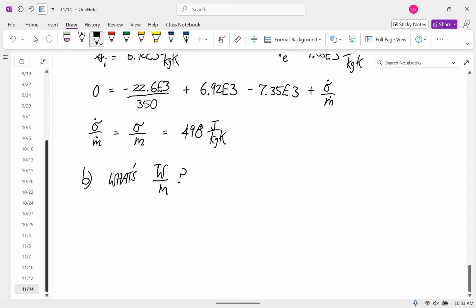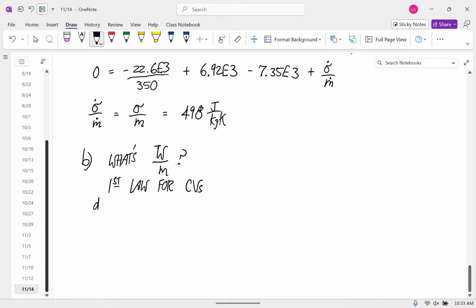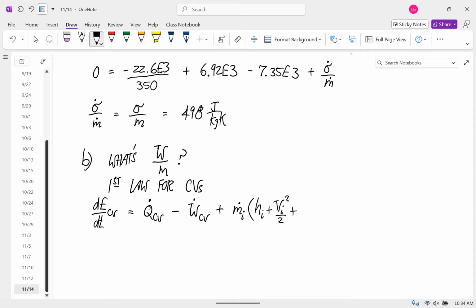Well, now we could go to the first law. So dE dt for the control volume is equal to Q dot minus W dot plus m dot i times the quantity h i plus V i squared over 2 plus g z i, minus m dot e times the quantity h e plus V e squared over 2 plus g z e.